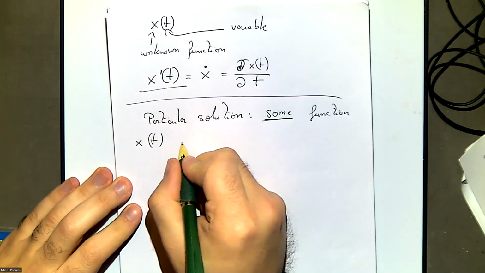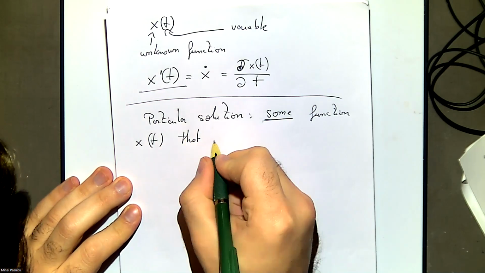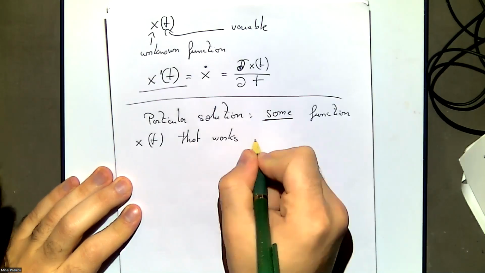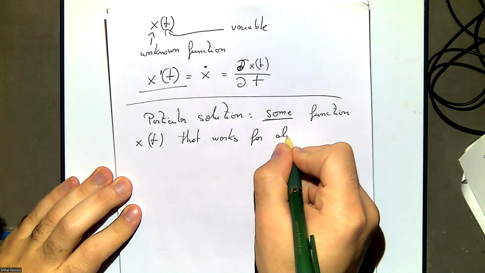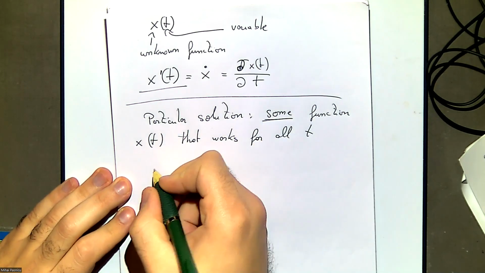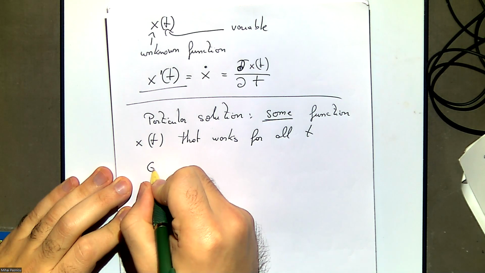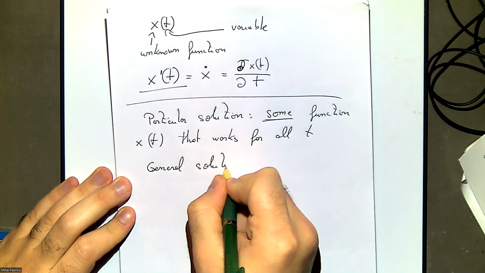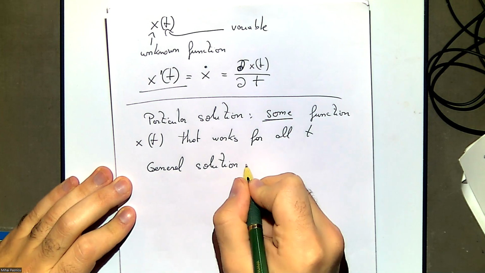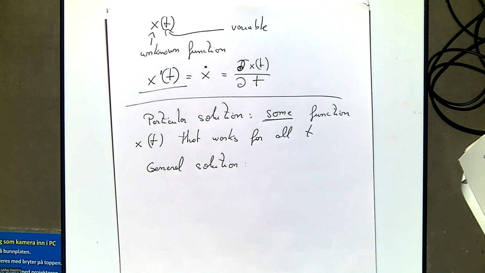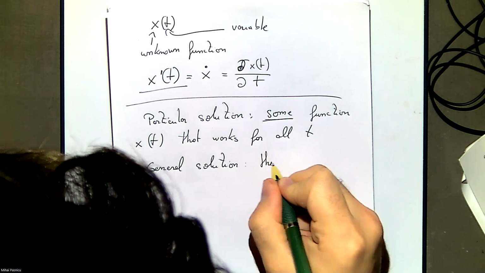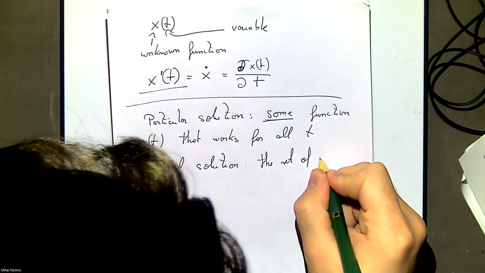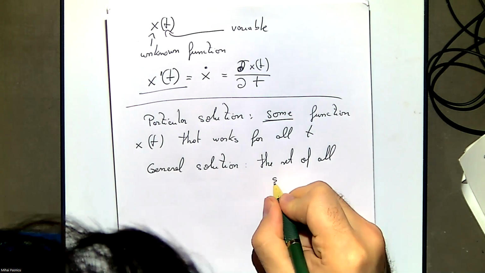X of t that works for all t. And then we have the general solution, which basically is just the set of all solutions. I'll show you what I mean in a second.